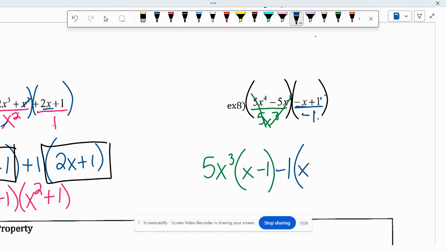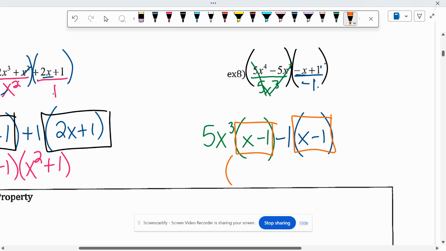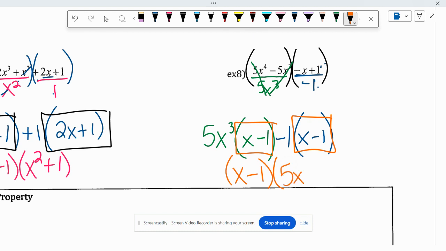Positive 1 divided by negative 1 is negative 1. So again, I have my repeated term, my copycat, if you will, x minus 1 times what's left over, 5x cubed minus 1.